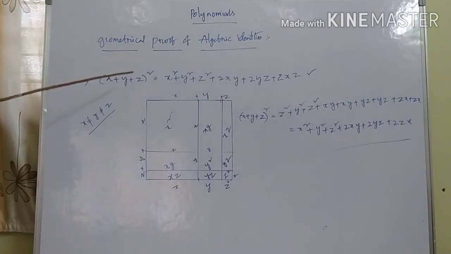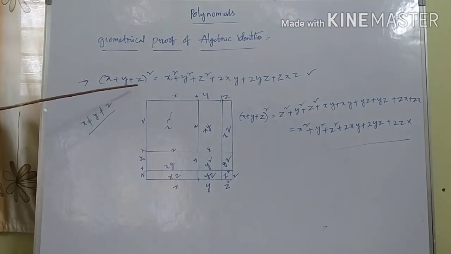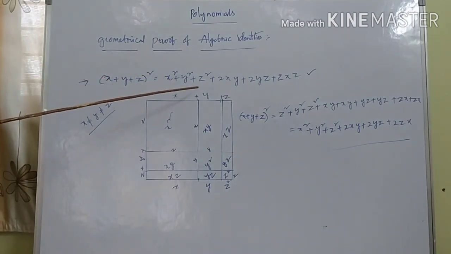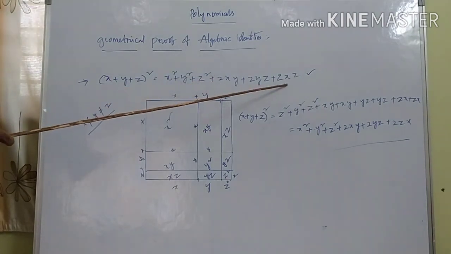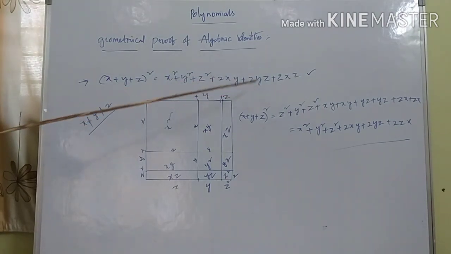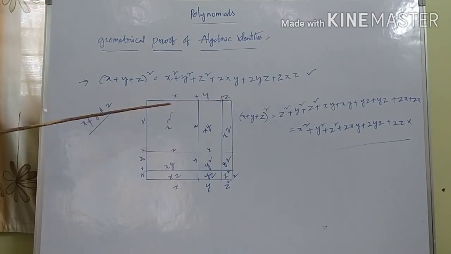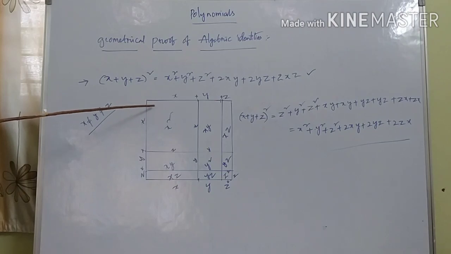So students, this is the geometrical proof of our last identity, that is x plus y plus z whole square is equal to x square plus y square plus z square plus 2xy plus 2yz plus 2xz. So first we draw a line of length x, extend it up to y and up to z.